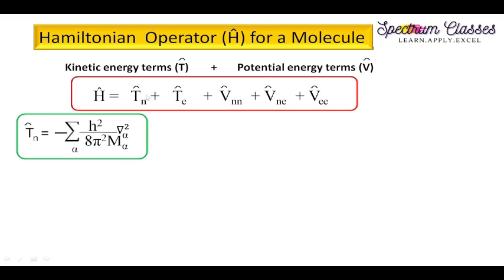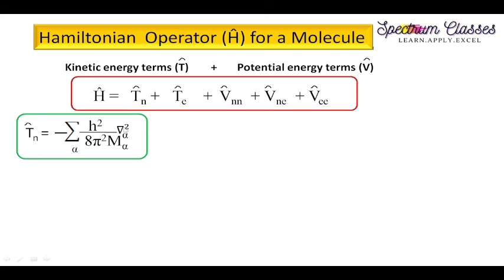So what does this kinetic energy operator term mean? N stands for nuclei. If we have 1, 2, 3 up to alpha nuclei, then this kinetic energy term can be written like this: summation over alpha of h square upon 8 pi square m alpha. This is the mass of the alpha nuclei. And del square, this is the del operator, right?